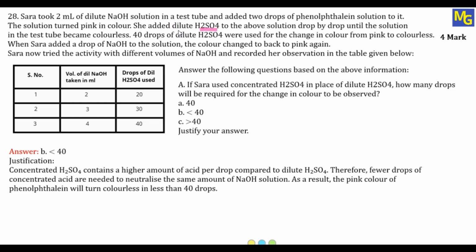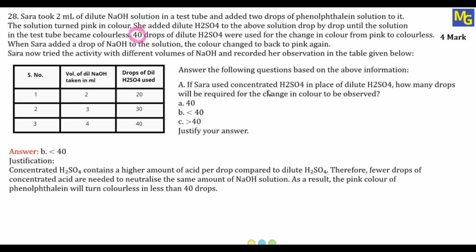So because of the presence of water in this H2SO4, H plus ions will be less in a dilute H2SO4. I hope you are understanding. Whenever we say dilute, the H plus concentration will be less because of the addition of water. And these H plus are responsible to change the color from pink to colorless.